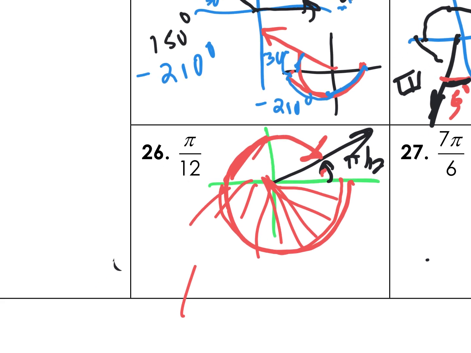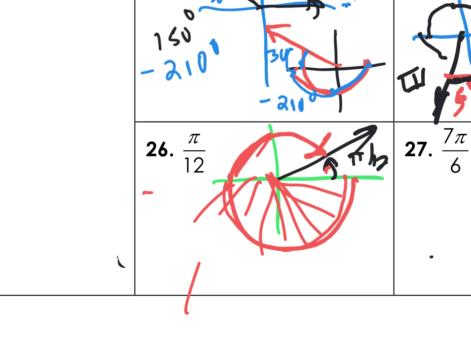So I'm going to say that it would be a negative 11, no, not 11, a negative 23 pi out of 12. Because they have 12 plus 11 more to get to this angle.